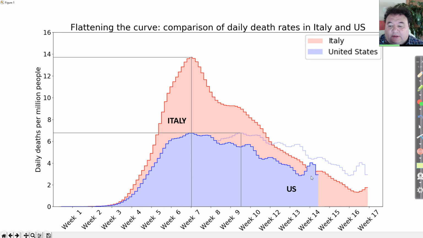And now it's as if the time series in the US has been truncated earlier. So we don't count calendar days anymore, but we count weeks since the beginning of the pandemic in each local area within a nation. And so here we would expect the blue line, having been flattened, to also cross over and become higher than the red one in the future, although that's a future we already see for Italy, but not yet for the US.